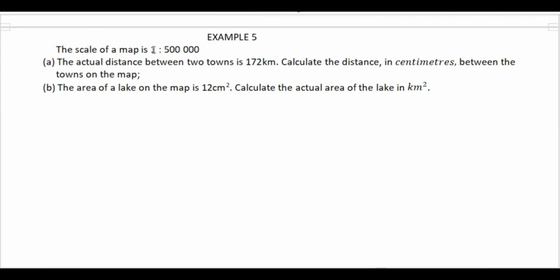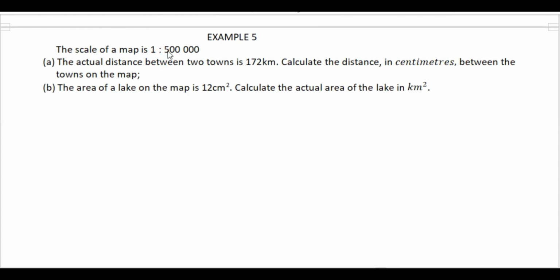This aspect of ratio is trying to tell us that, just like your photograph and your physical image, the real one, both of them are similar, but that doesn't mean they are of equal size. So that's what we are taking here.